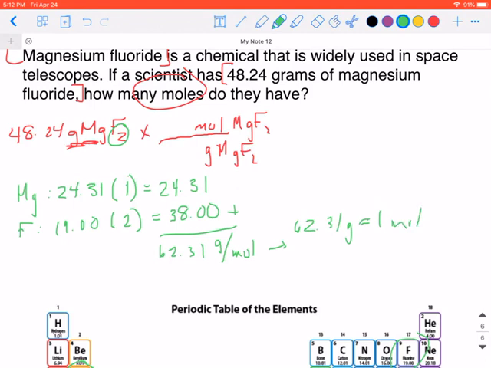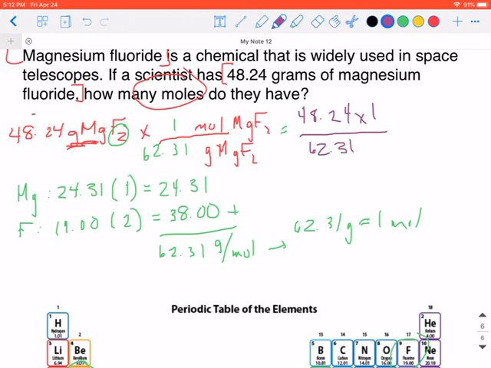So I'm going to put the 62.31 with my grams and the 1 with the moles. When I do this calculation, I'm going to have 48.24 times 1 divided by 62.31, because that's what's on the bottom.